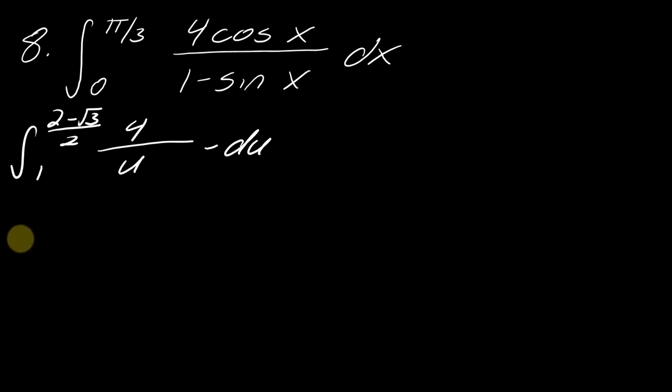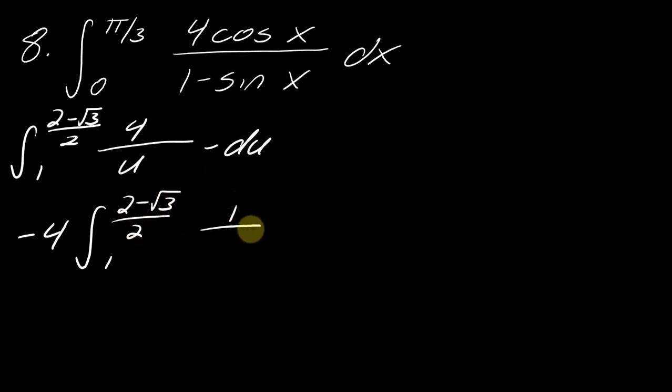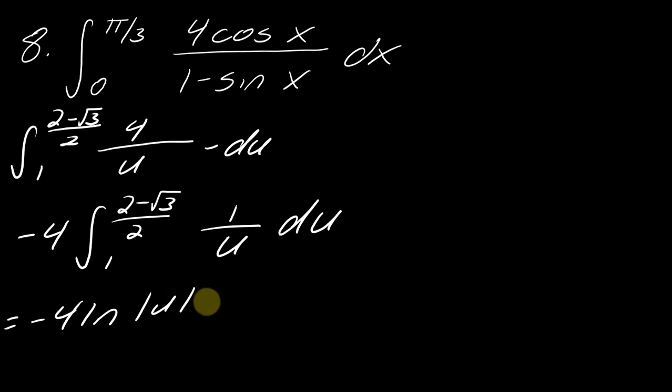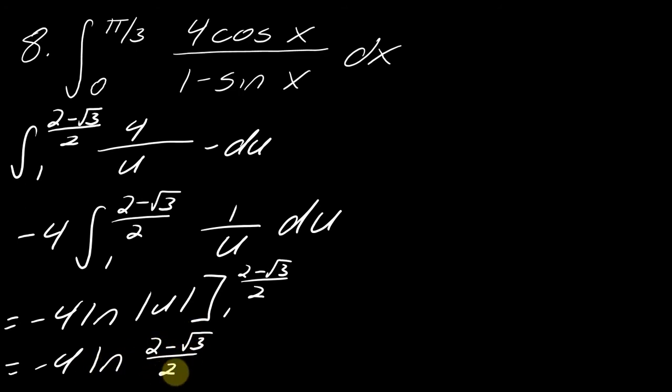Okay, so now if I were to rewrite this, let's bring the -4 out in front, and then I can just finish this up pretty easy. So this will be 1 over u du. So this equals -4 times the natural log of the absolute value of u. And then I need to evaluate this from 1 to 2 minus the square root of 3 over 2. So this will be -4 times the natural log of 2 minus the square root of 3 over 2.